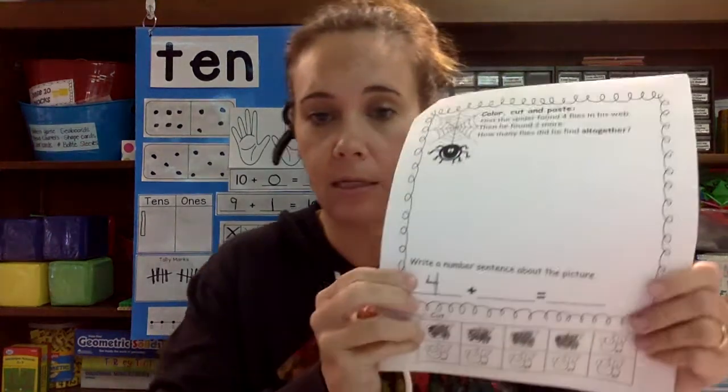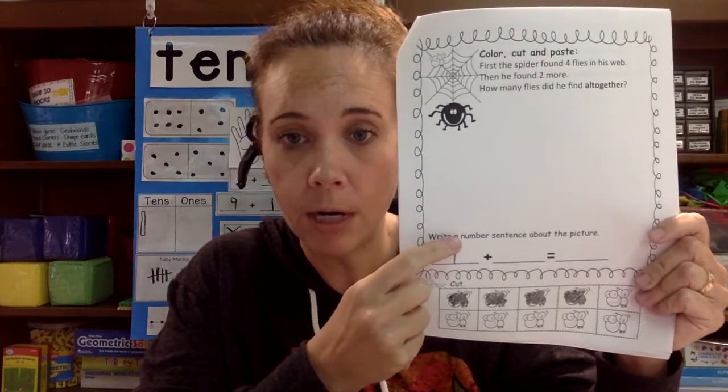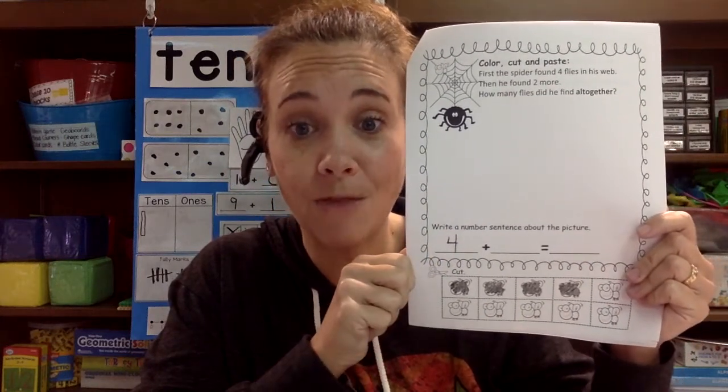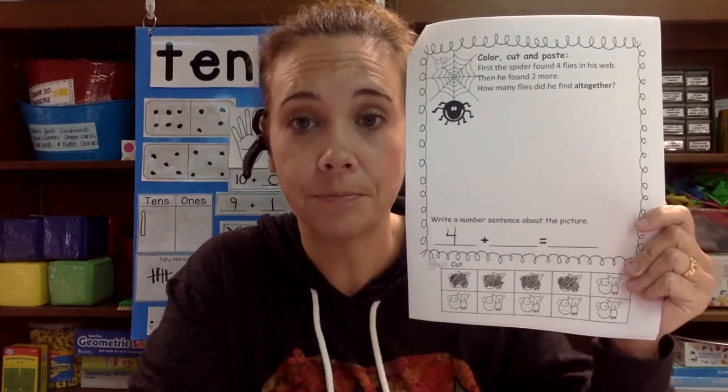And I'm also going to write 4 on my first line of my number sentence. Down and over and down some more. That's the way to make 4. And then I colored 4 flies.